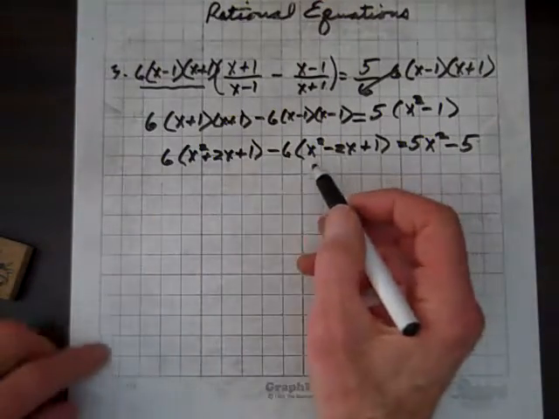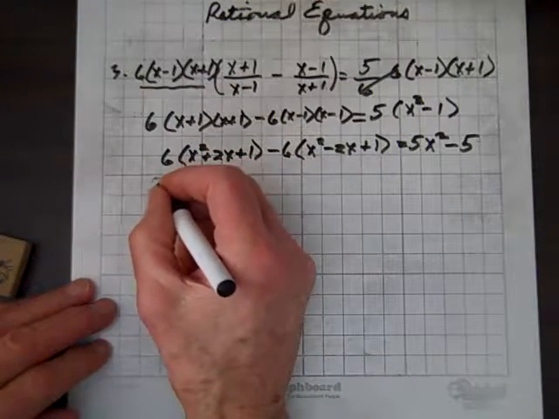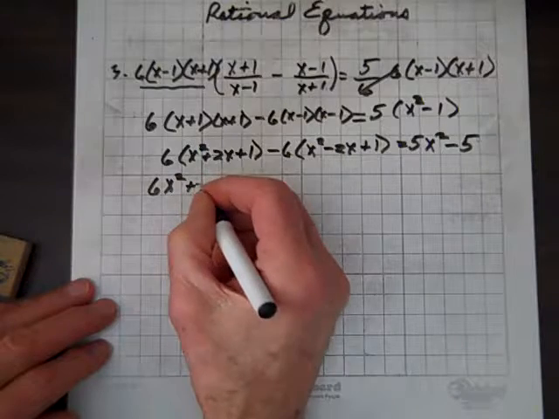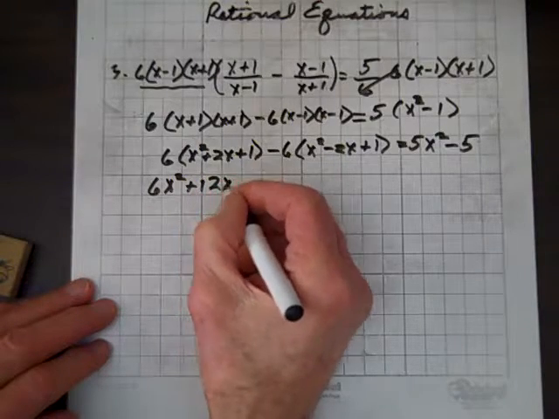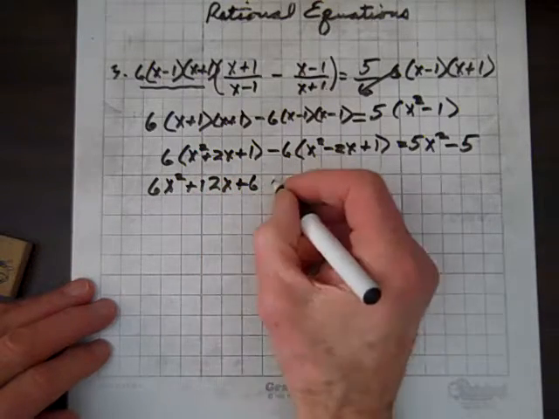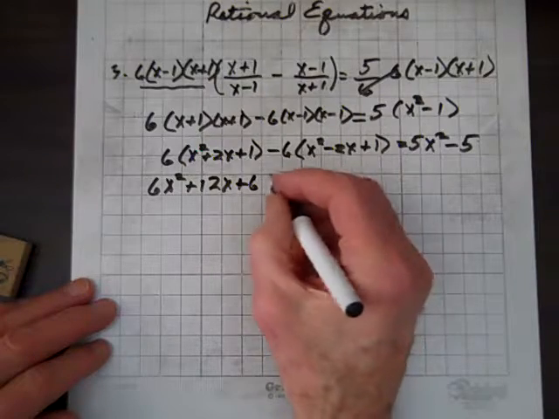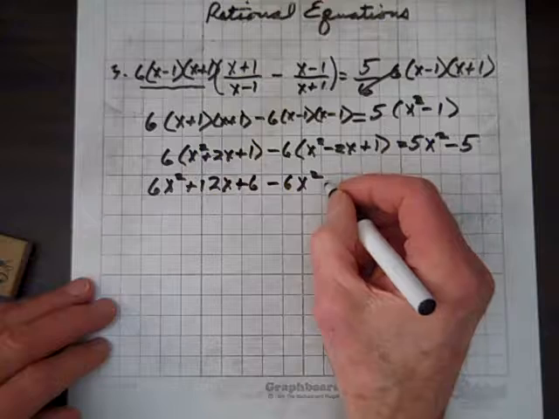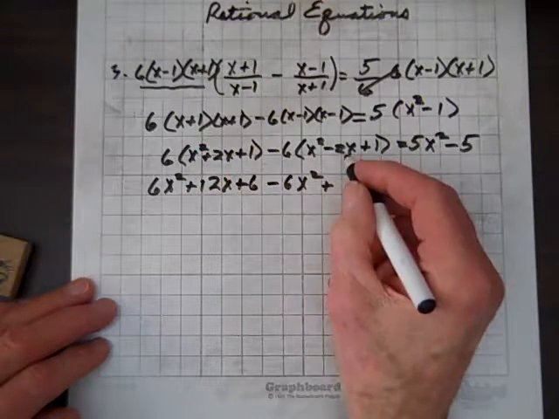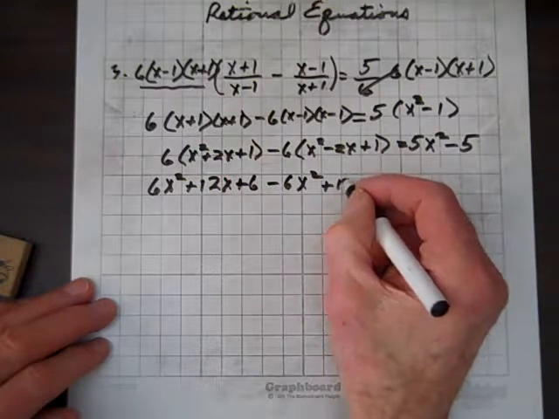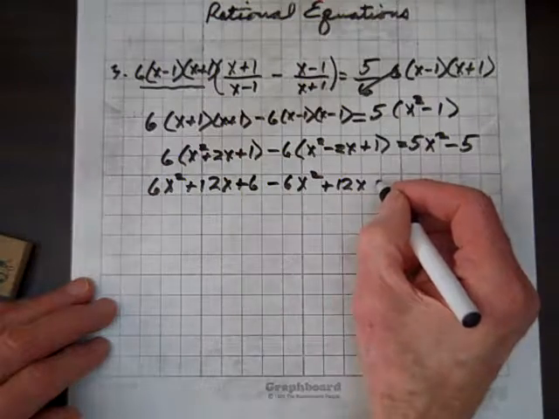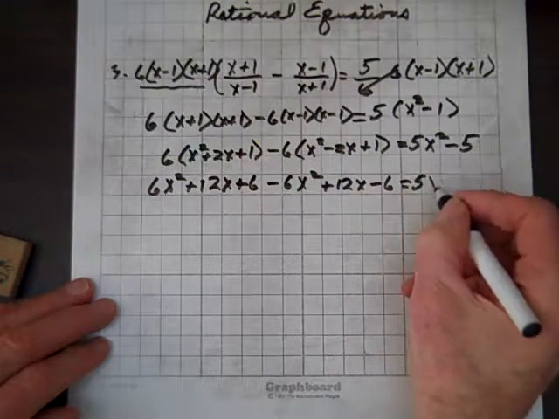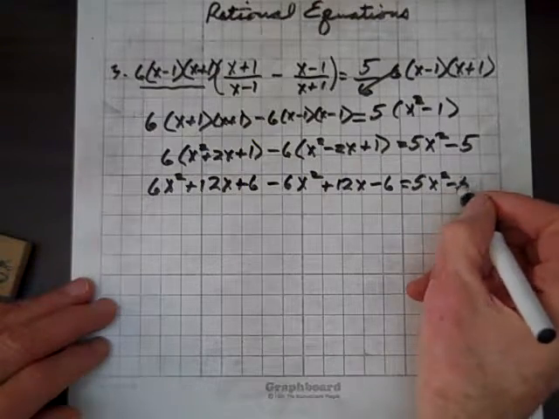Now let's distribute the 6, and we get 6x squared plus 12x plus 6, and distributing the minus, 6x squared plus, minus times a minus is a plus, 12x minus 6 equals 5x squared minus 5.